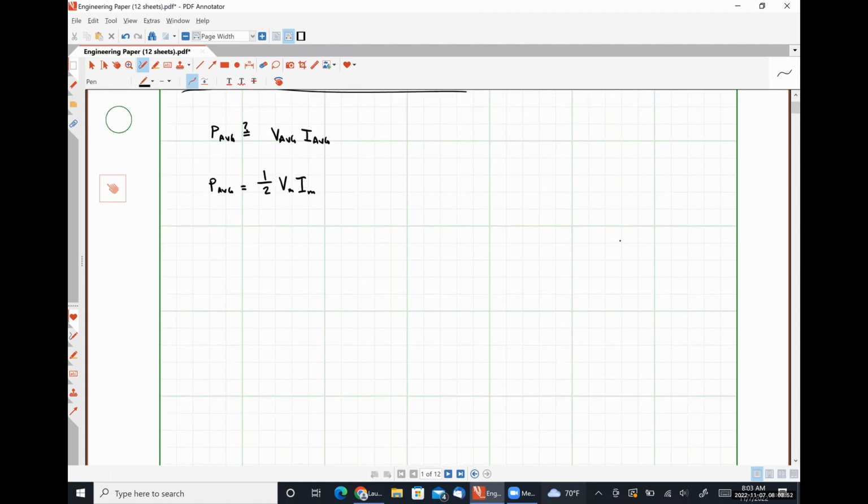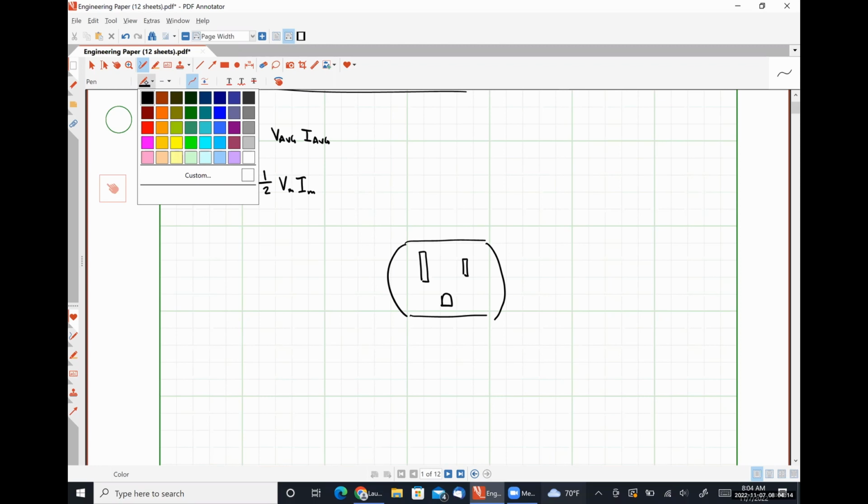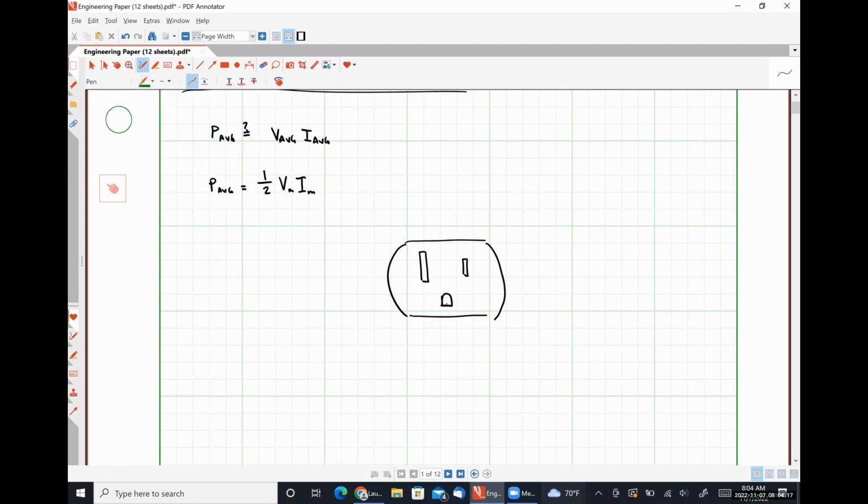So if we have an outlet, I'm going to draw a terrible picture here. Looks something like this. Okay. Typically speaking, this pin on the bottom is our ground pin.